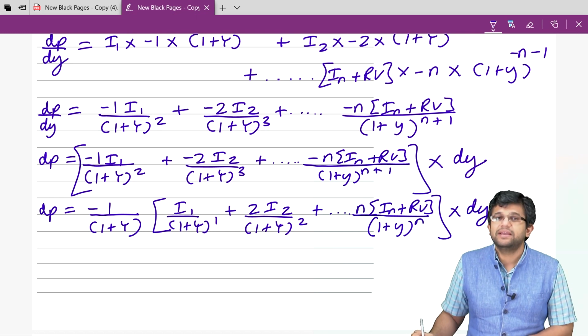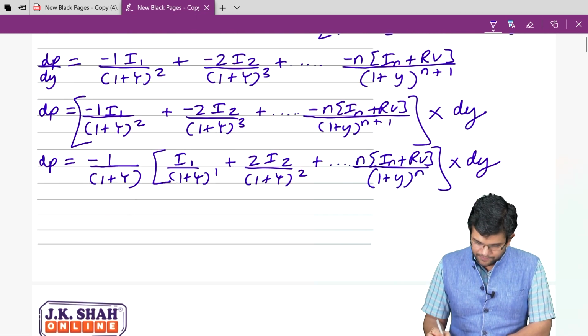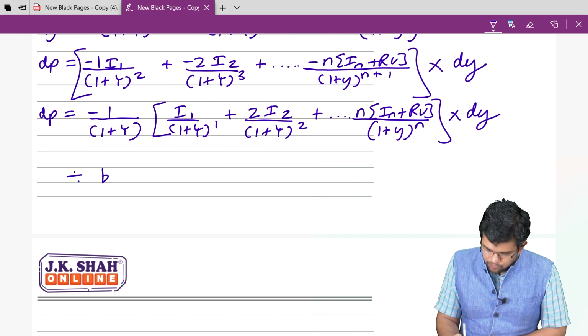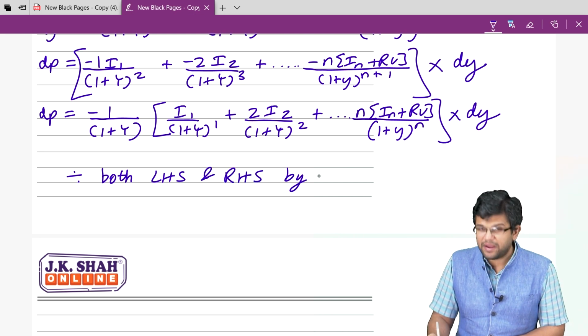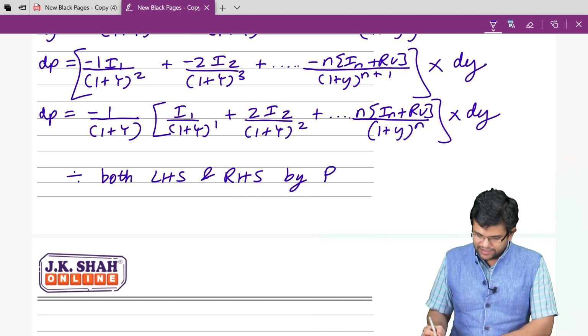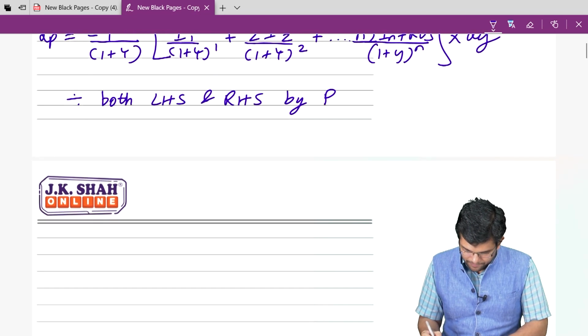Everybody clear with this? At this stage, children, going forward, dividing both LHS and RHS by current market price, that is P. So on both sides I am dividing by P. What will happen?